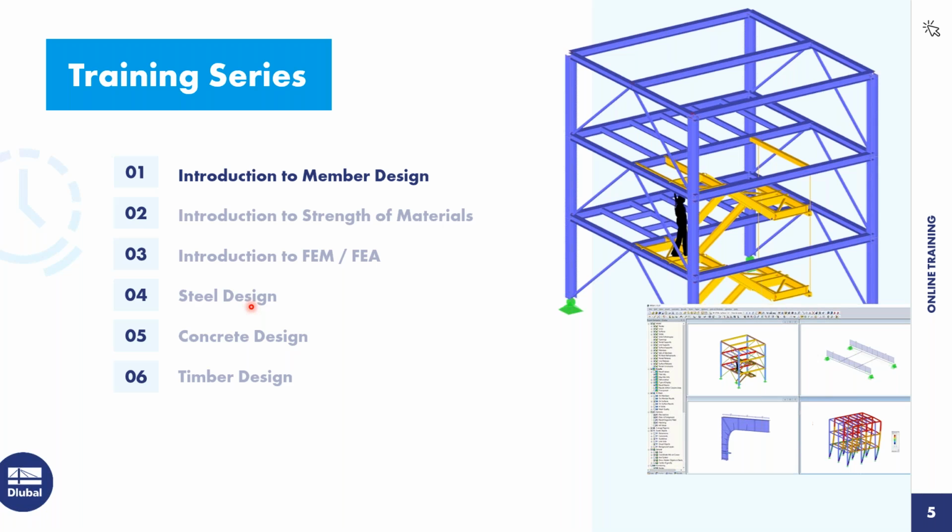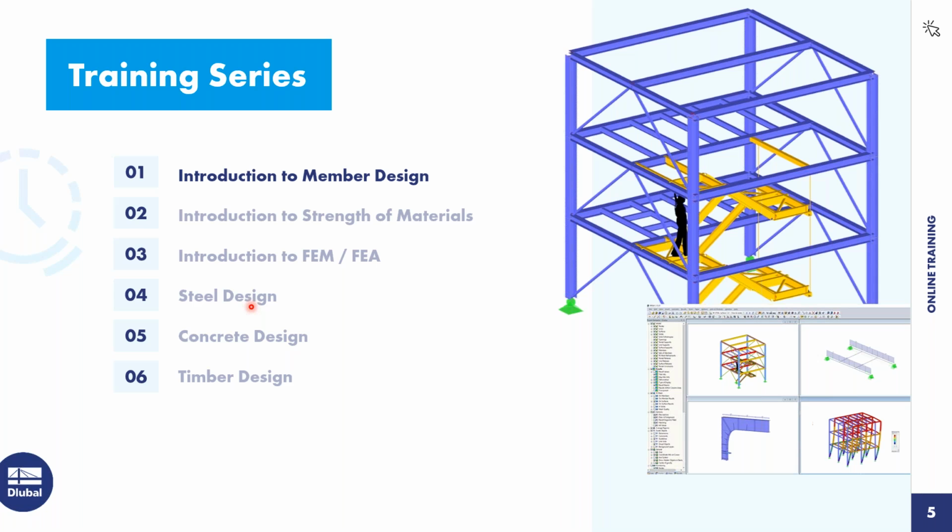So we do some basic, easy examples today, which I had in former times also during my studies. And with RFEM 6, you can perform these structural analyses with our program and refer to your hand calculations.